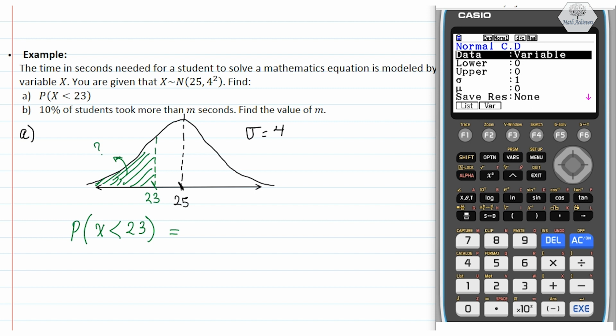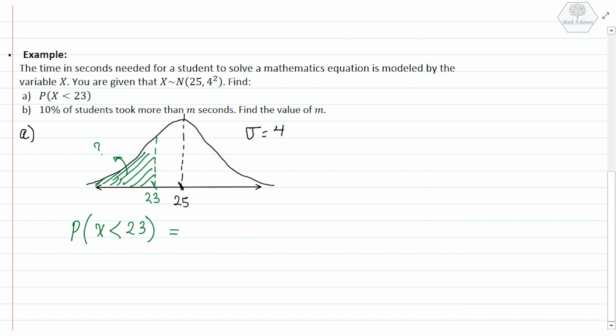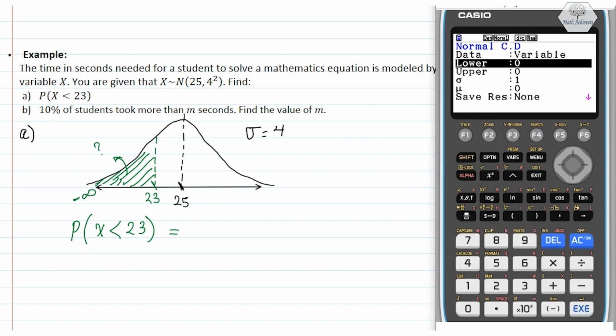For the NCD, the lower bound in this case is always negative infinity, a negative, very big number, so I add the lower bound as negative 9 times 10 to the power of 99.